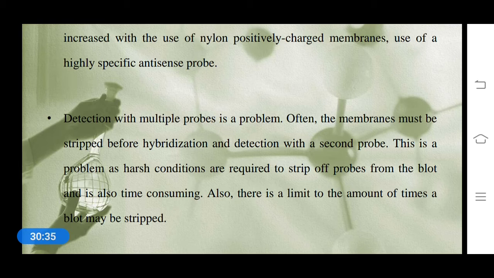But this is time consuming and also harsh, so it is not a perfect method. There is also a limit to the number of times the Northern blot can be treated with a second probe.